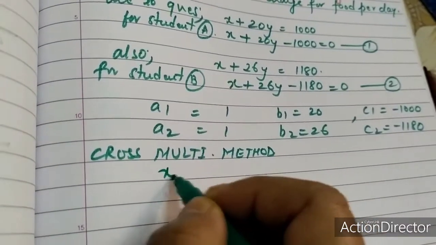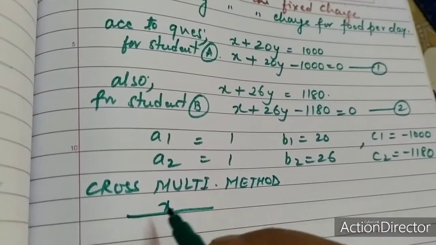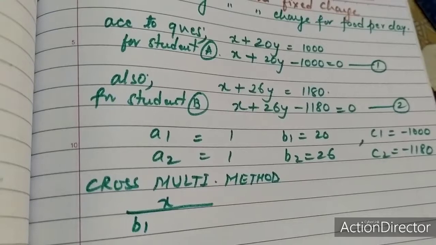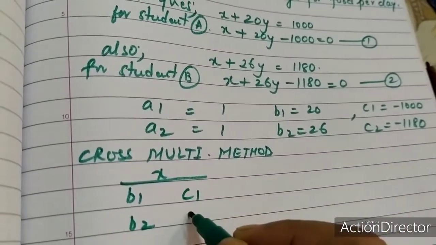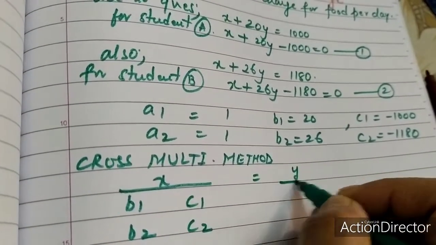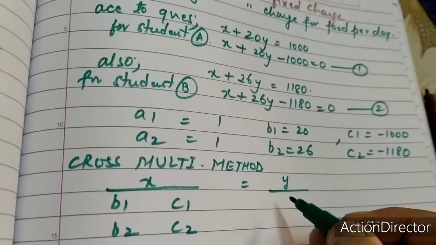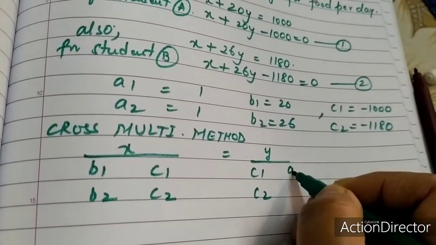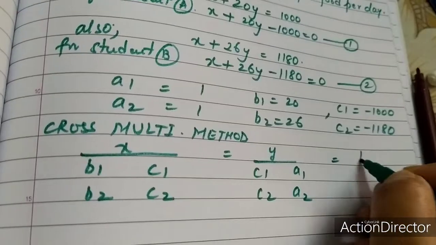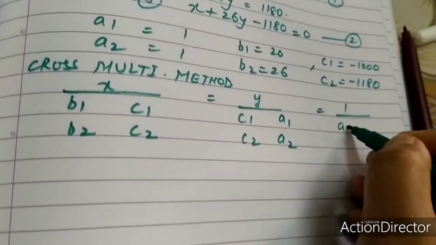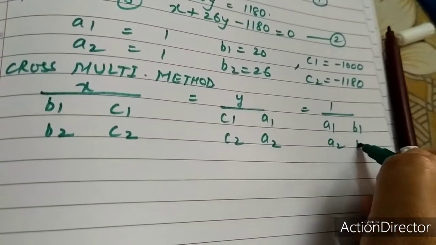So we need to write first x: according to the question it should be B1, B2, C1, C2, here y. Then C1, C2, A1, A2, and for the constant 1, A1, A2, B1, B2.